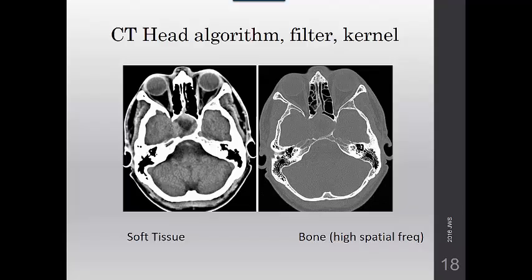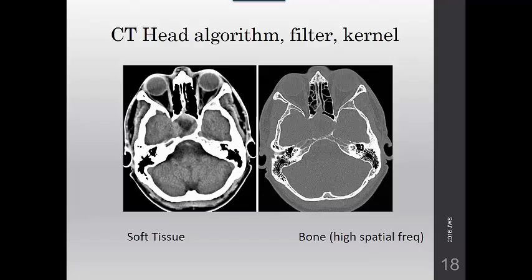In the case of the CT head, an edge enhancement filter is used for bony structures, and a soft tissue filter, which is used to smooth out the soft tissues of the brain, is used for white and gray matter. So on the left you have the soft tissue filter, where the bone is just very white and there's no detail, but the tissue is nice.